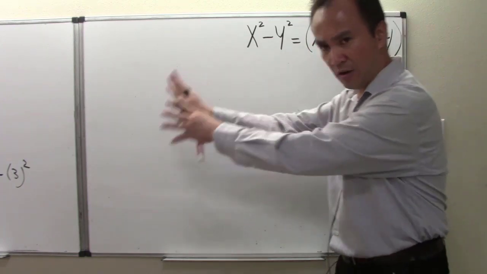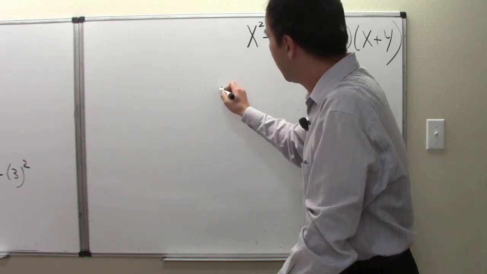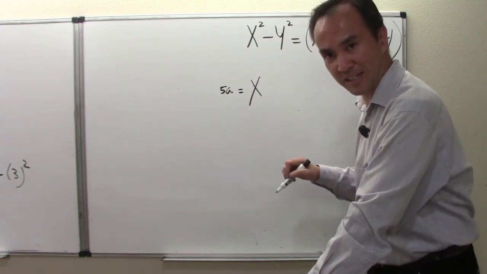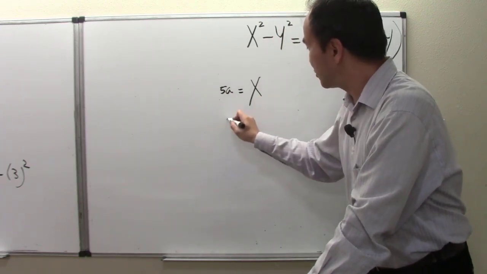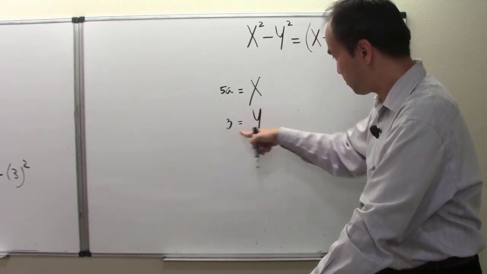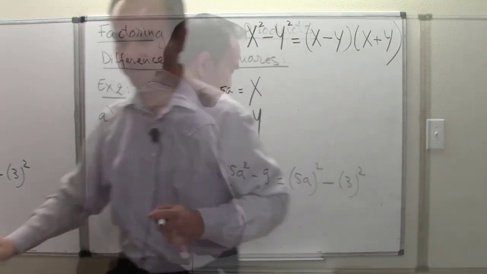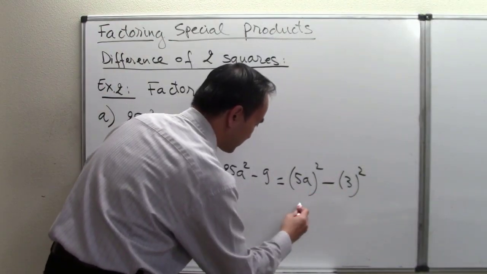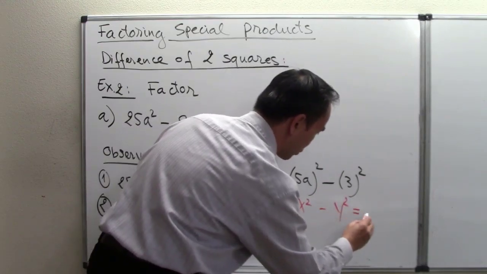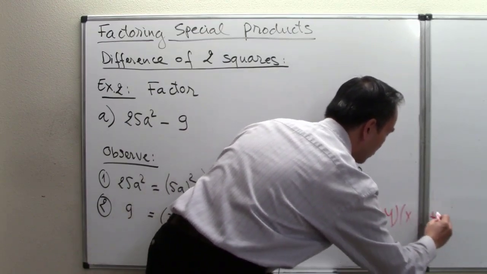So with our current problem in example part A right here, 5a is put in place of the capital X in our formula, and the 3 from our problem can be put in place of that capital Y variable. In that way, that can be understood as x squared minus y squared, and x squared minus y squared is factored into x minus y times x plus y.